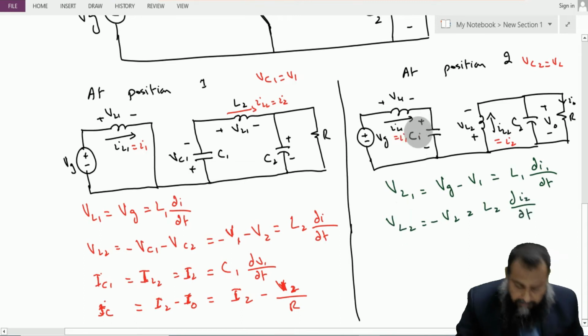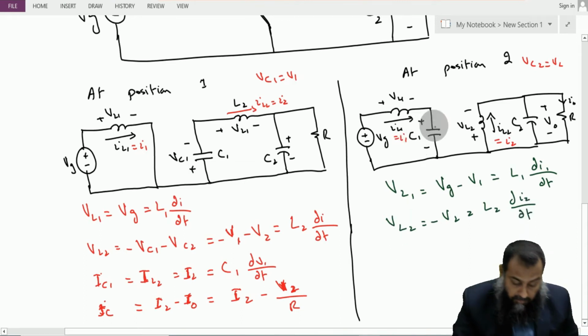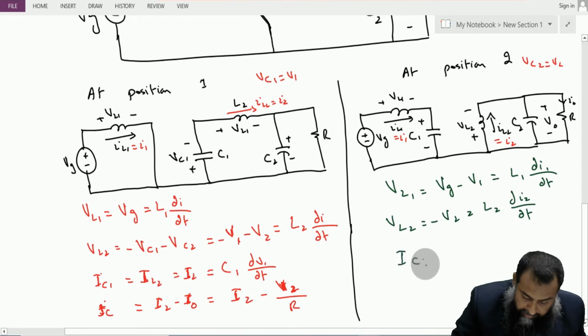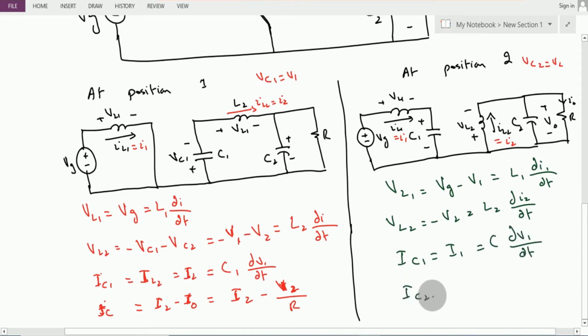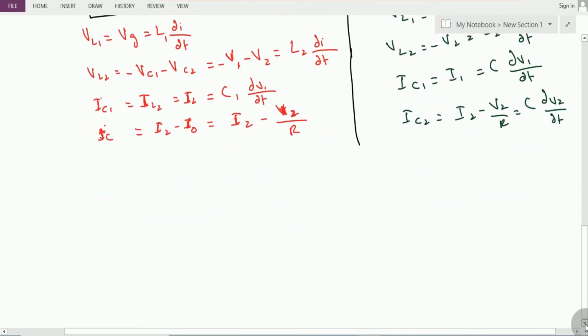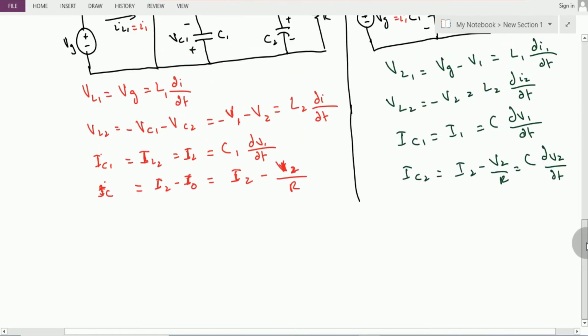Also, if we apply the expression for the current IC1, then IC1 is equal to I1, that is equal to C dV1 by dt, and also we have the IC2 that is equal to I2 minus V2 over R, and that is equal to C dV2 by dt. Now these equations provide us the foundation for analysis of this Cuk converter.